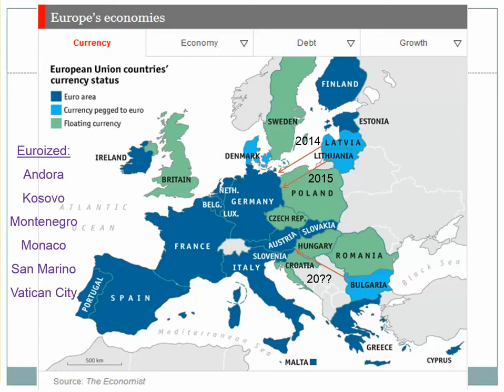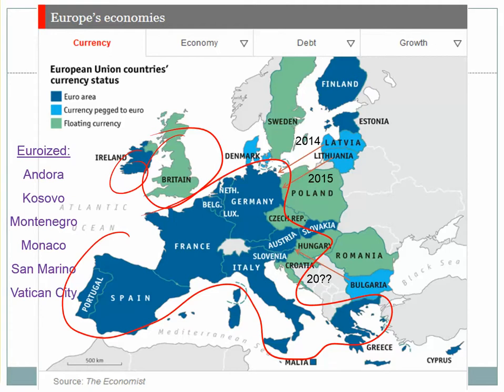This is just a blow up of the Eurozone. So you know that Britain never joined the Eurozone. So we're talking about Ireland and this part of Europe are using the euro, including Finland, Estonia, Latvia, Lithuania are planning to go into the Eurozone.